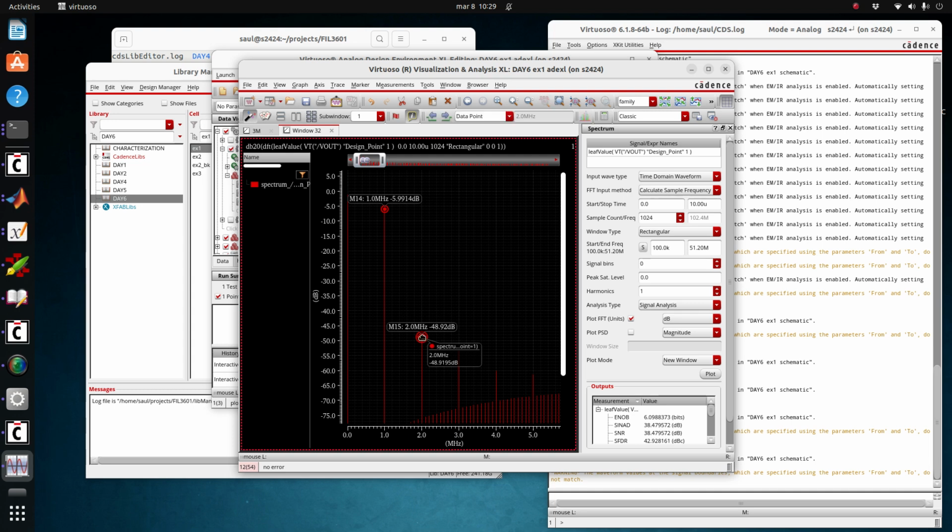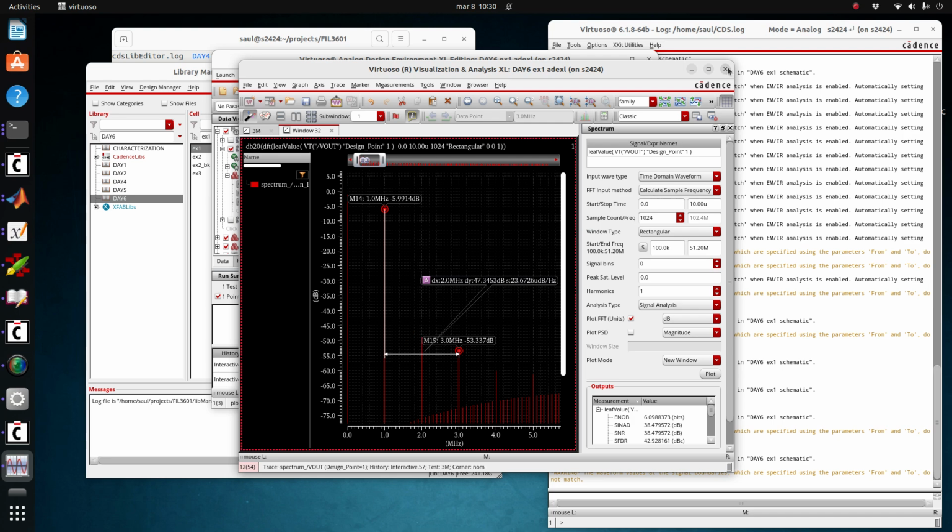The distortion here is dominated by the weak distortion. So we get the marker, create a delta marker, and we have around minus 43 decibels for D2, the distortion of second order, and minus 47 for the distortion of third order.